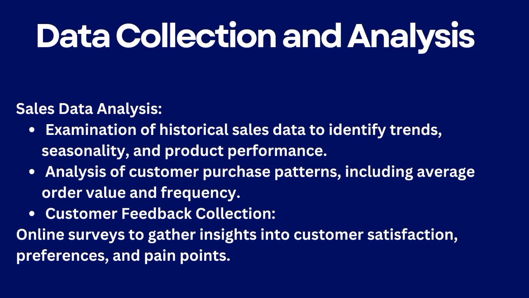We can look at seasonality during different seasons, winter, summer, cold, heat, and specific holidays like Ramadan, the Muslim fasting period, or Easter, and different times of the year. How has it impacted the sales? Then we can look at the product performance itself. All of these are critical things to examine when collecting data.